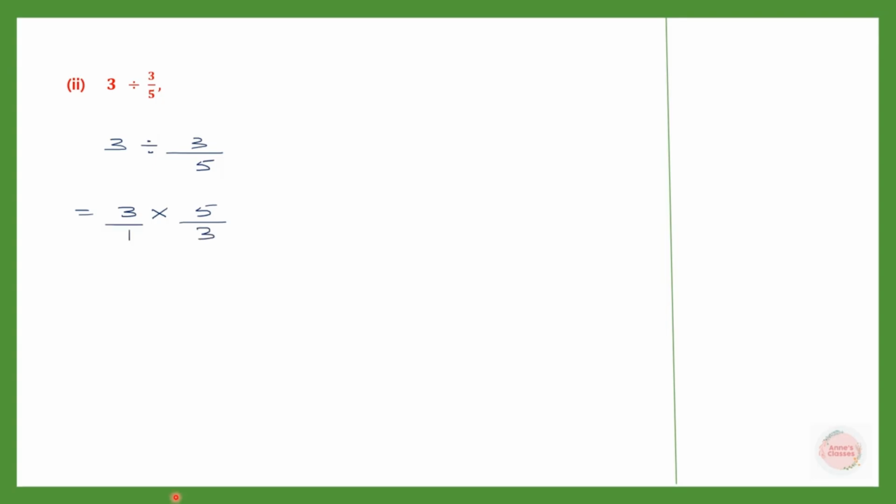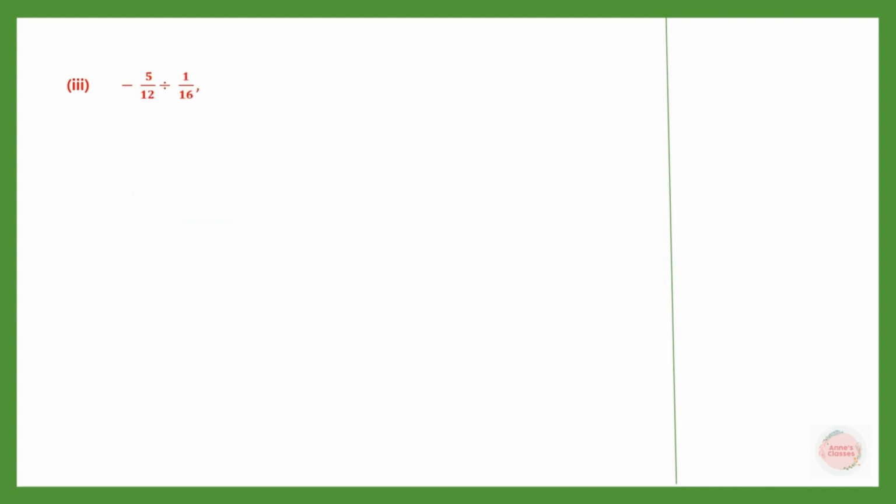Now it has become multiplication of rational numbers. Now we can cancel 3 and 3. 3 ones are 3 and 3 ones are 3. Now we multiply the numerators and the denominators. 1 5s are 5, 1 1s are 1 and 5 by 1 is equal to 5 and this is our answer.